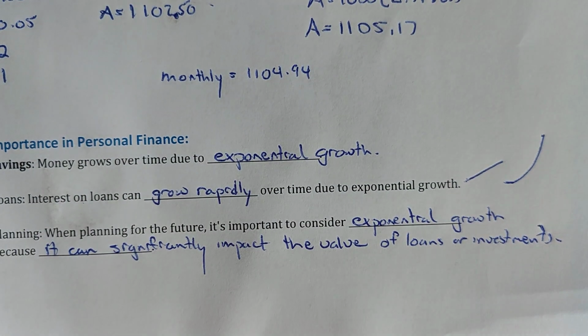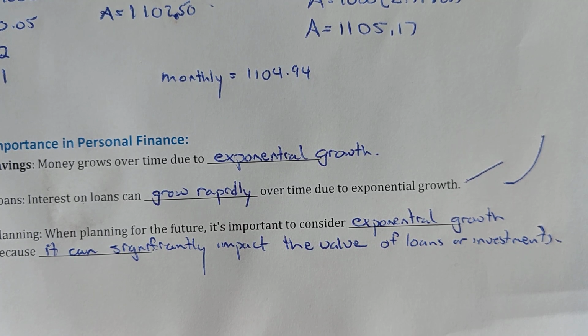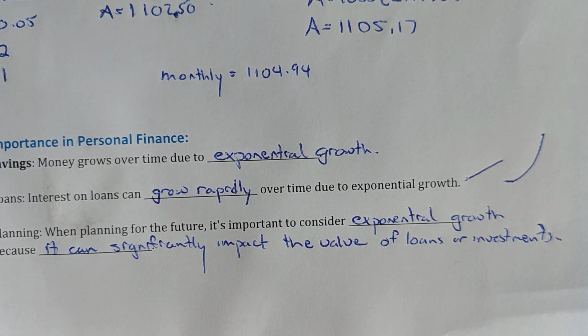The value of loans can be significantly decreased if you understand how it works, paying off things. And then it can also increase how much you're making or how much you're paying in terms of long term. So that's everything on exponential growth.